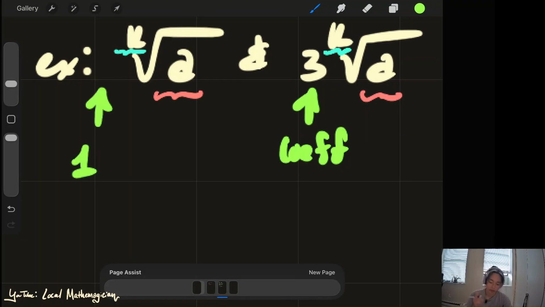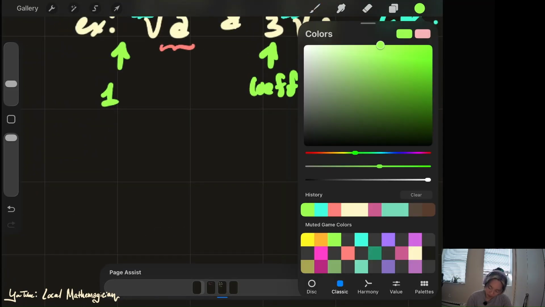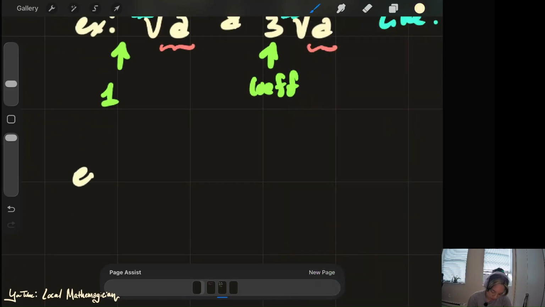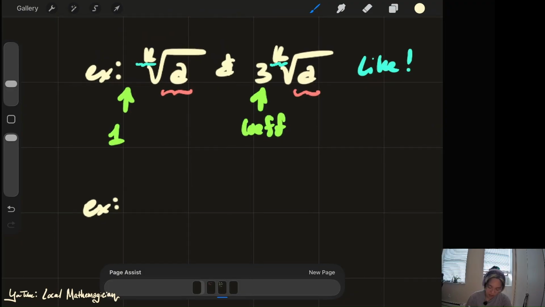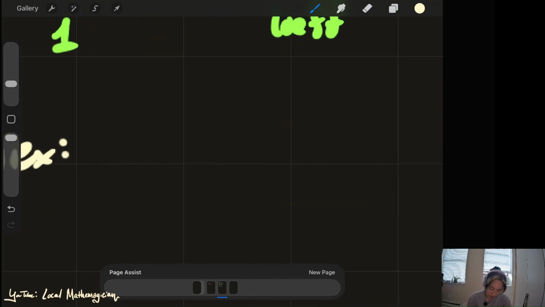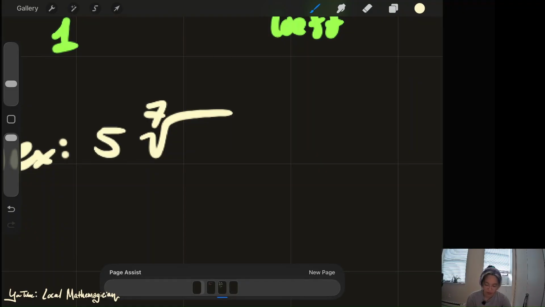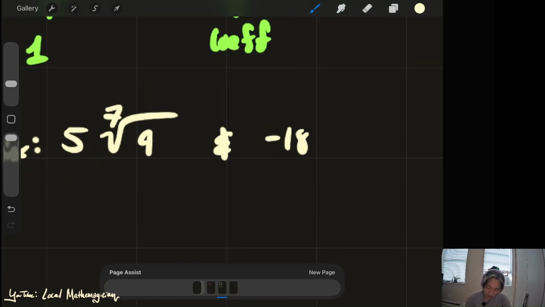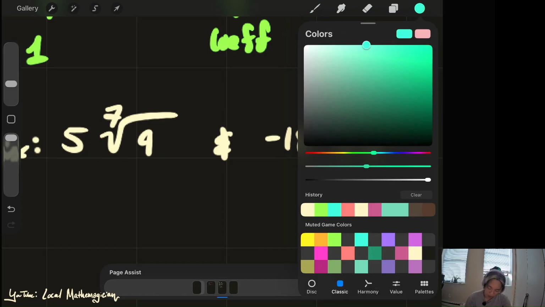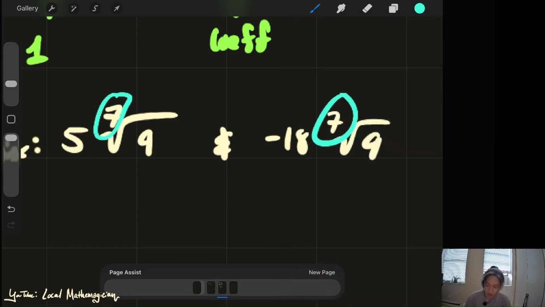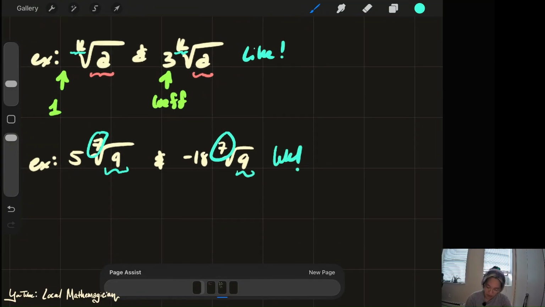All right. Let's do another example. Let's say I give you 5 times the 7th root of 9 and negative 18 times the 7th root of 9. Because both of these have the same root, the insides are the same, these are like.